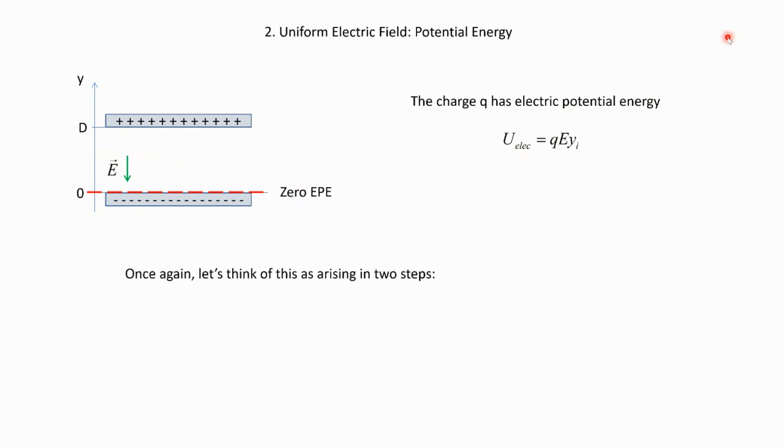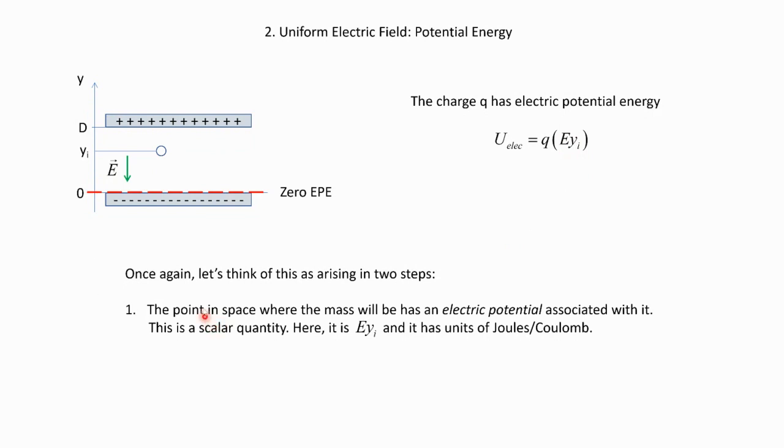Okay, so once again, we're going to think about this arising in two steps. So notice I took the charge away. And basically, once again, it corresponds to putting parentheses around this part of the formula, the E y_i part. So number one, the point in space here, see it's an open circle, there's no mass, there's no charge there yet.